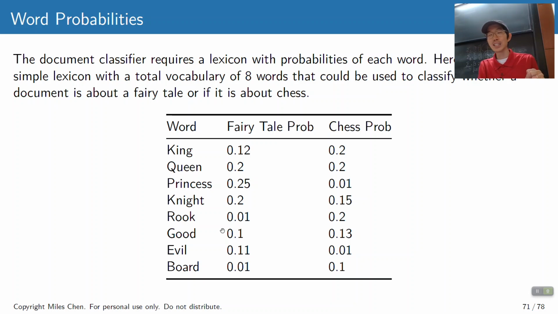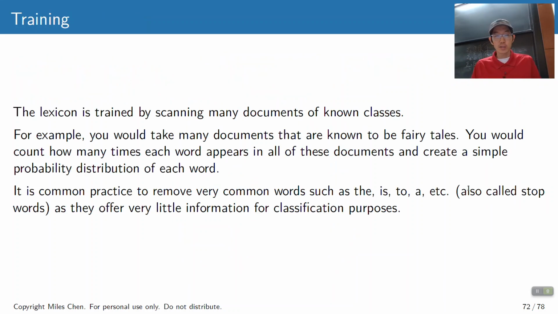And here I have very high probabilities for each of these things. And the way the lexicon is built up is you take a whole bunch of documents with a known document class, and it scans all of those words and tallies up. Okay, I see this word, I see this word, I see this word. And it builds up these probabilities by ingesting all of those documents.